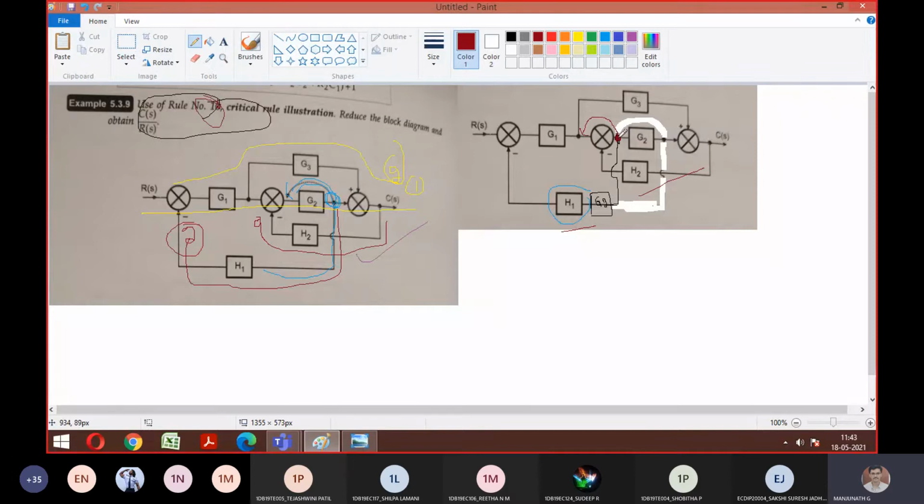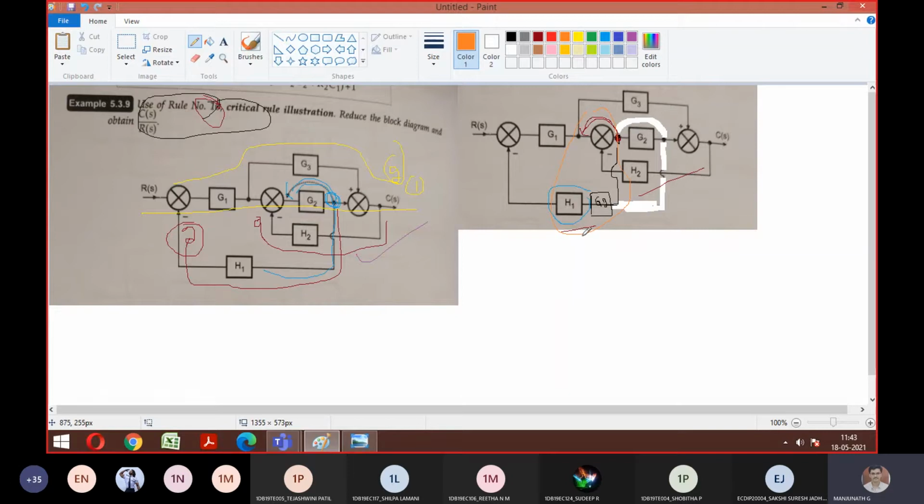So now I'm moving my breakaway point before my summing point. What does the diagram look like now? I will trace this path. After moving this here, what will happen to this junction is what I should know.